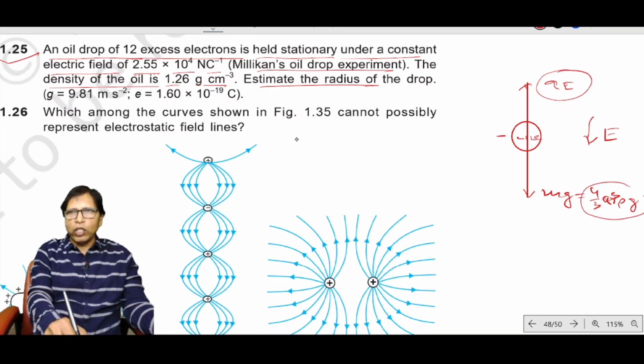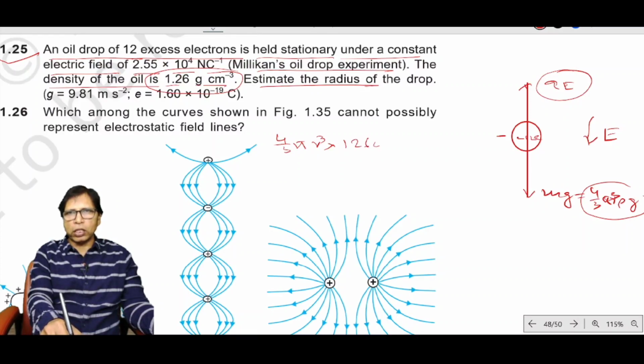So 4/3 pi r cubed rho g, where density is 1.26 gram per cc, which in SI becomes 1260, and g is 9.81. This equals q into E.